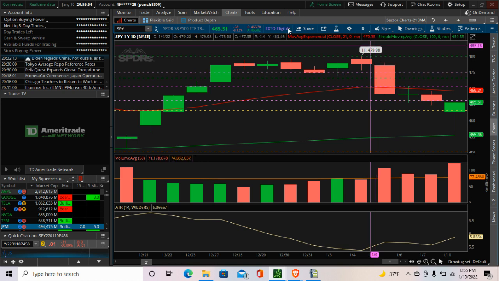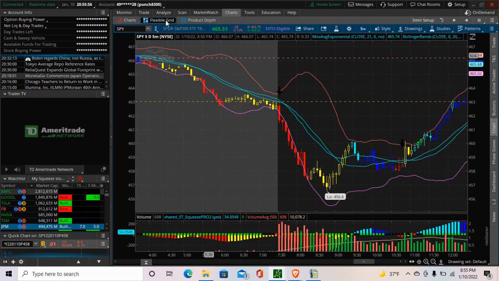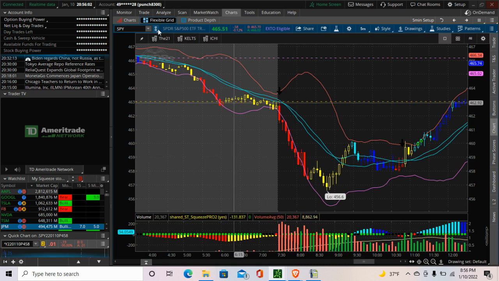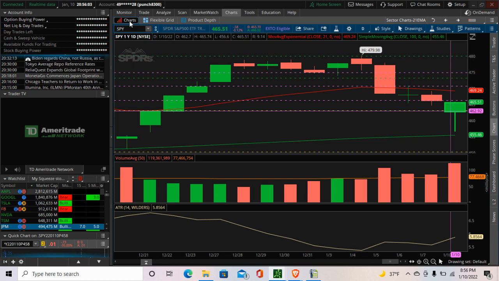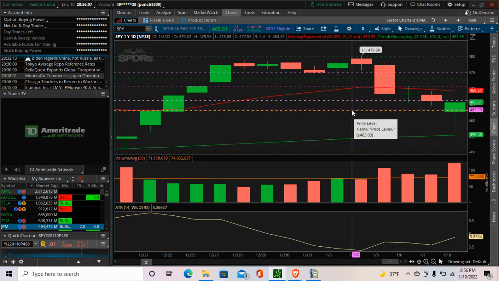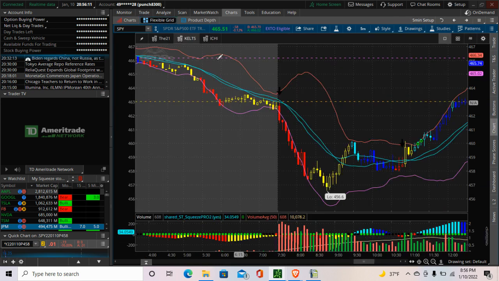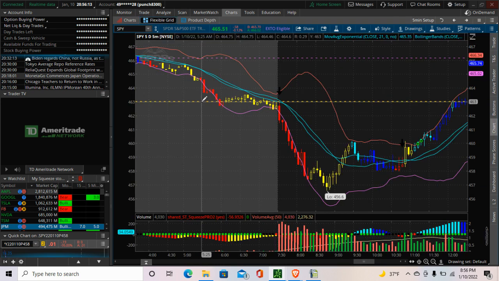Now if we go to a 5-minute chart on the SPY, that same gold line that was here is at the 463.29 level, and you can see right here, same thing, that 463.29 level.